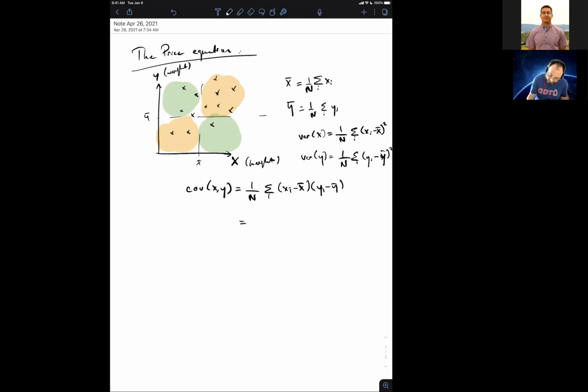Another way of writing this, I'm going to use this expectation kind of notation, which in stochastic processes and random variable theory is the expectation of a random variable. But what I really mean here is the sample means. It's easier for me to write it this way.